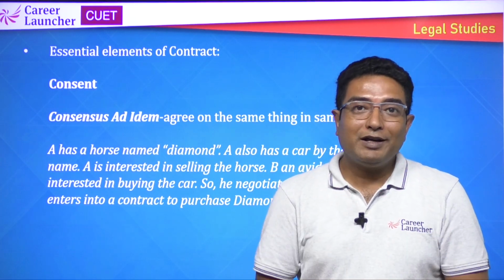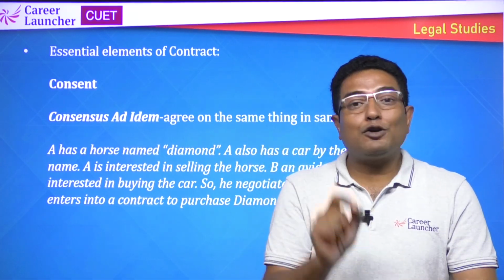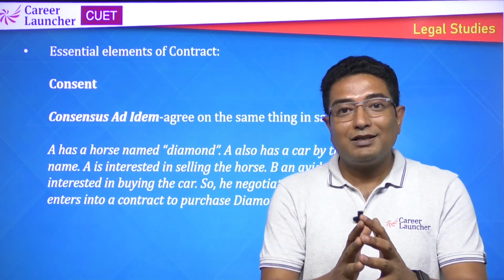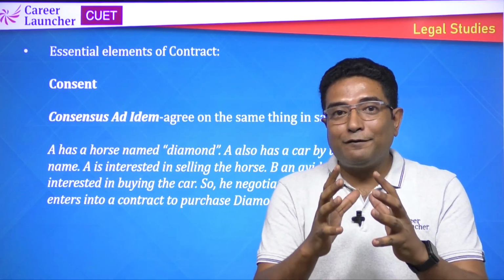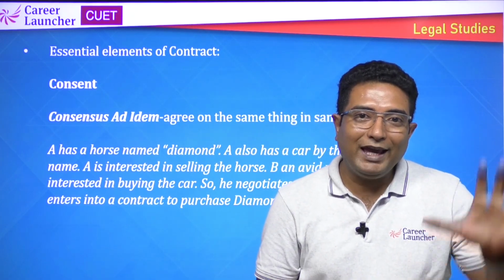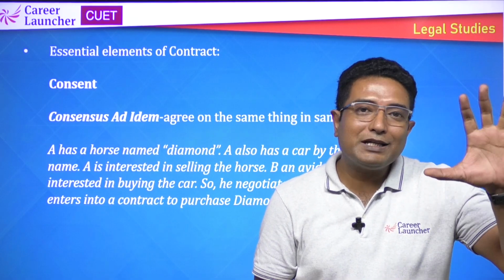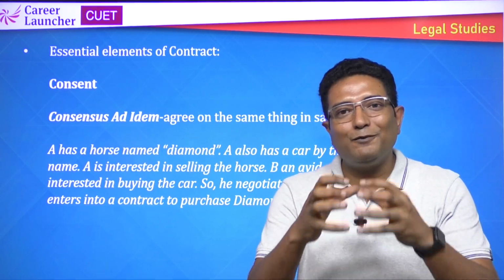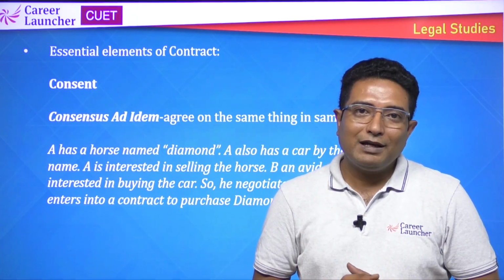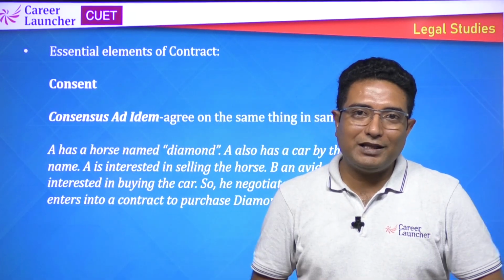What is happening here? There is an absence of agreement between A and B because both have different things in mind. A is selling his horse, whereas B wants to buy the car. Both have the same name but different senses in their minds.